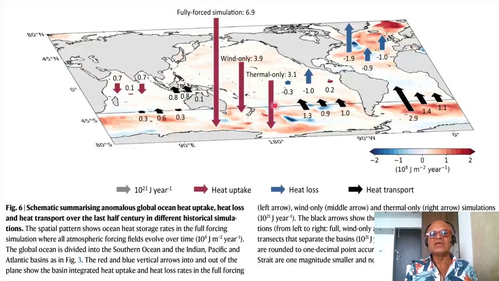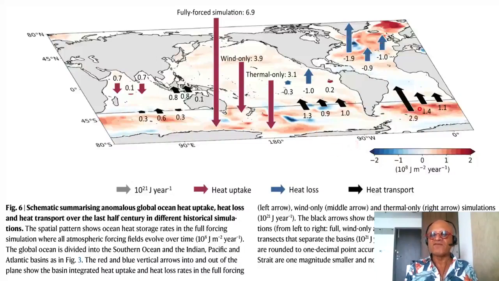These are in the same sign. So ignore what I said before as a screw up. Okay, so here again, wind only, full forcing, wind only, and thermal only forcing.